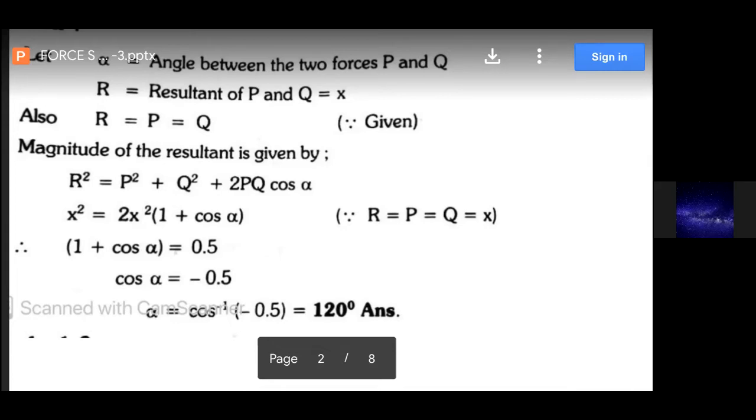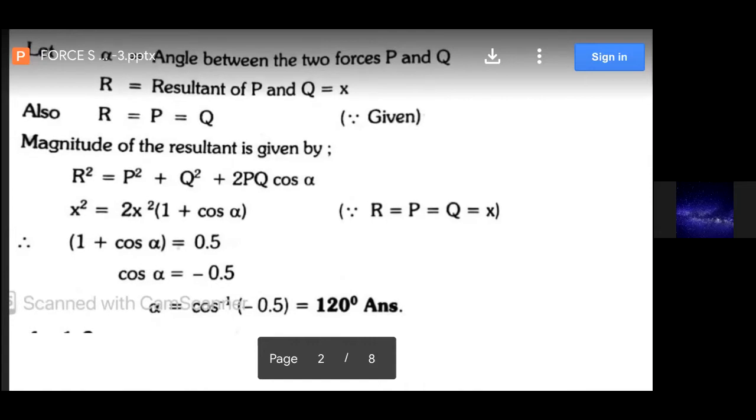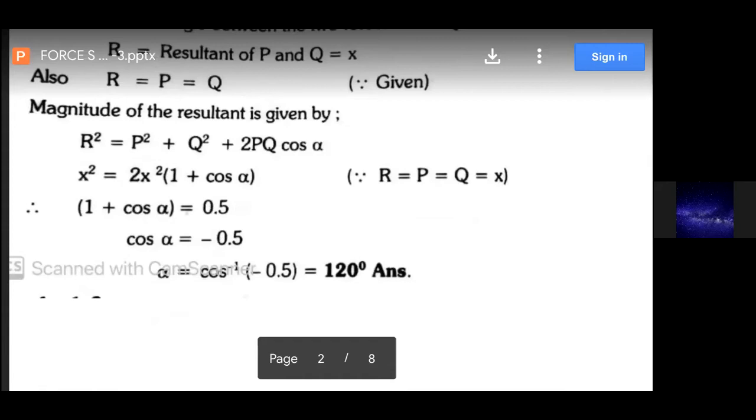X square cancels on both sides. Finally we get 1 plus cos alpha equal to 1 by 2, that is, 1 plus cos alpha equal to 0.5. That is, cos alpha equals 0.5 minus 1, so we get minus 0.5, and alpha is equal to cos inverse of minus 0.5.